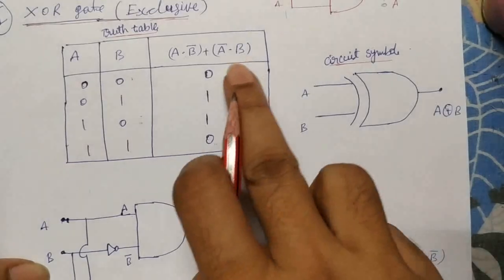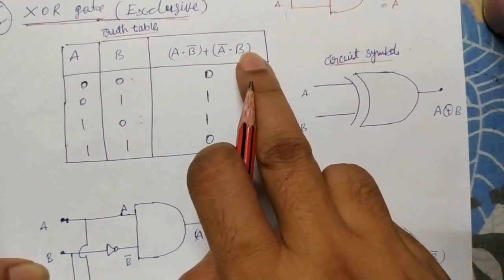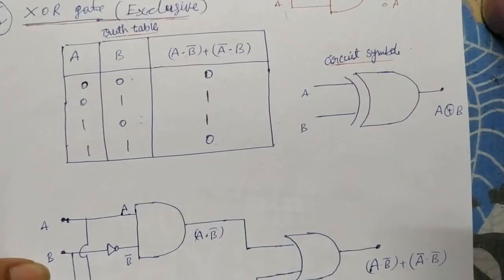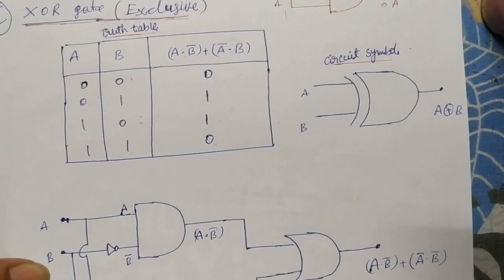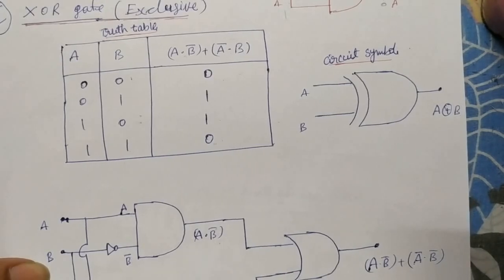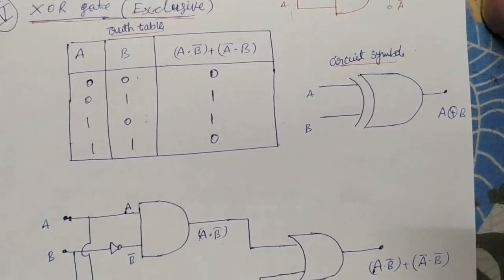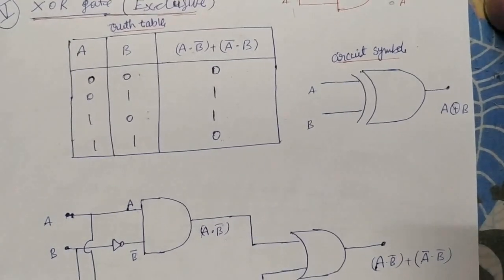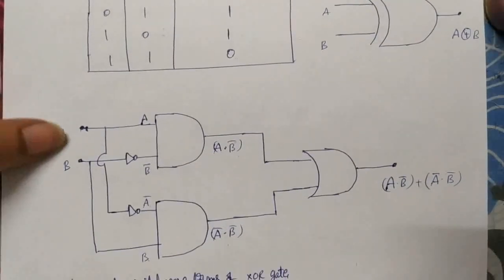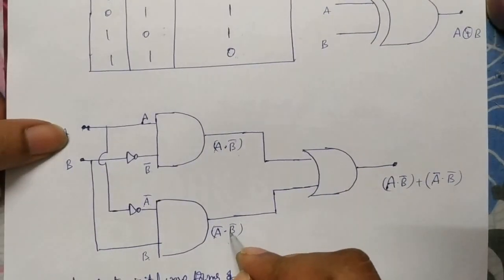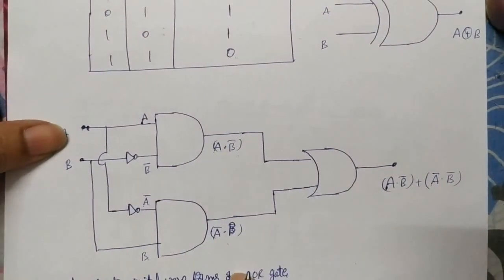And similarly in the other case, A bar dot B. For A we connect a NOT gate, that becomes A bar, and B is connected directly, so only B is there. After applying the AND gate, dot, we get A bar dot B. This is not B bar, this is only B.